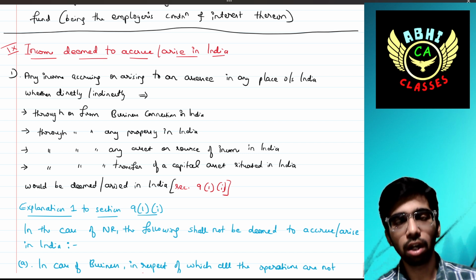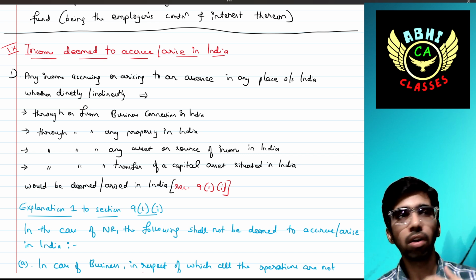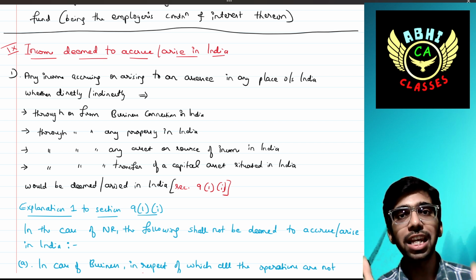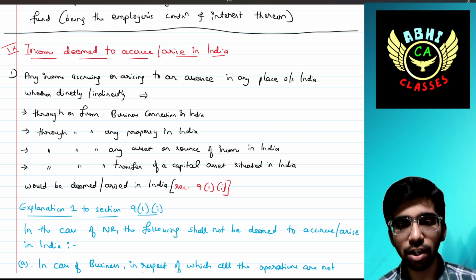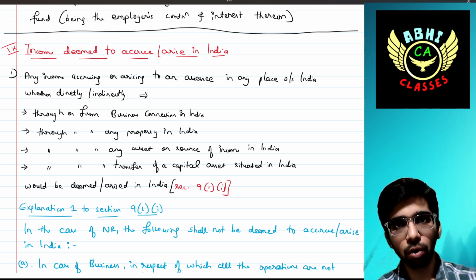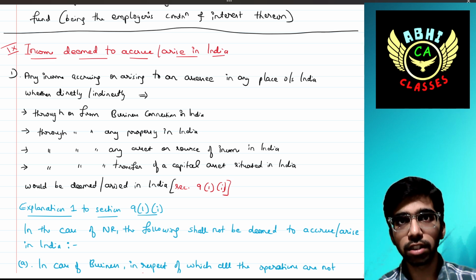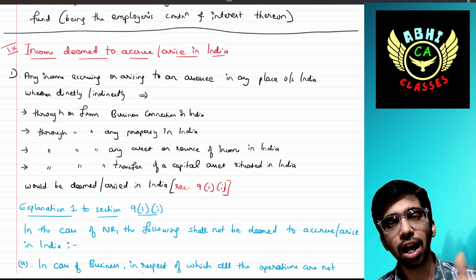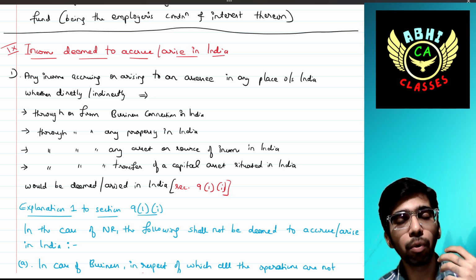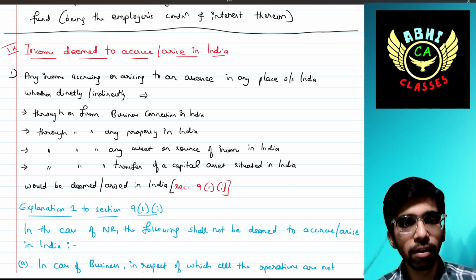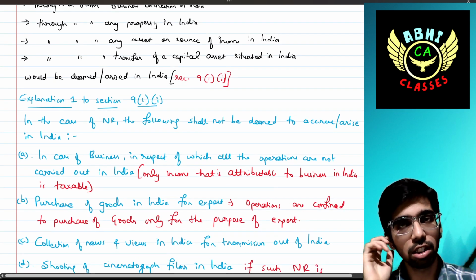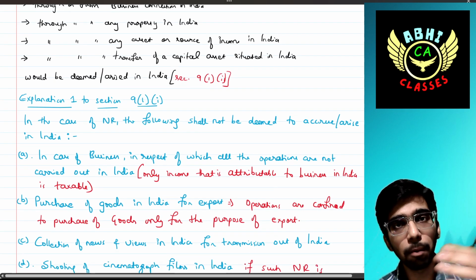If you transfer a capital asset, that is a building or any other house property, that is also deemed to accrue in India because it is generated in India. So this is also called income deemed to accrue or arise in India. For this, R and OR, R and NOR and non-resident would be held taxable in their hands.